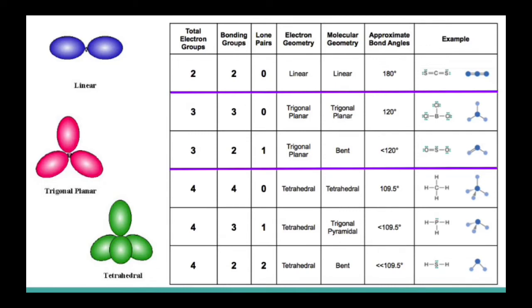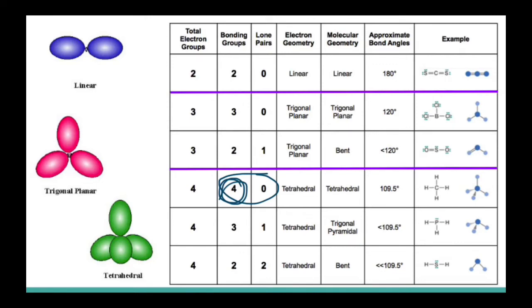And you'll notice our first line of this tetrahedral group is, what if we had 4 bonded groups and no lone pairs? Well, that is equal to 4 total electron groups. And when we think about how many things we can actually see there, since our molecular geometry, we can only see bonds, we still see 4 things, 4 solid atoms bonded to that central atom.